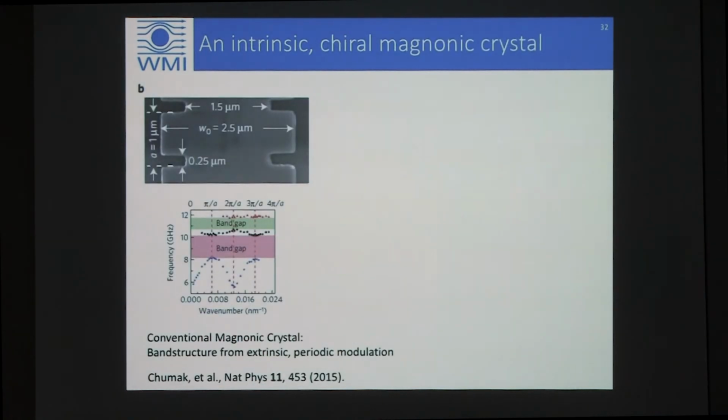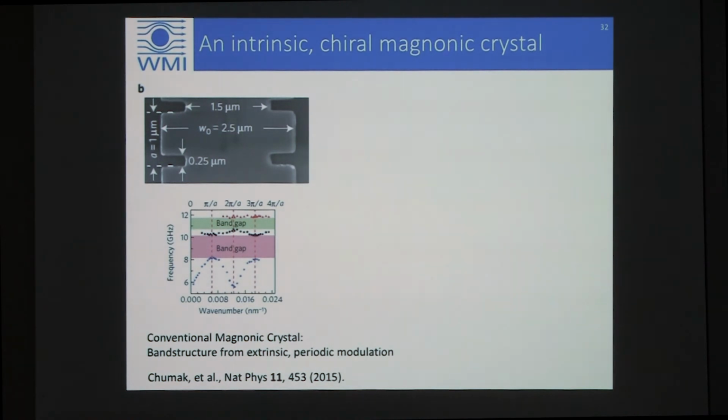Okay, so why is that actually interesting? So, the field of magnetic crystals. Well, there the goal is to do band gap engineering or band structure engineering of the dispersion of a typically ferromagnetic material, and you do so in a top-down approach, usually by nanolithography, like shown here.